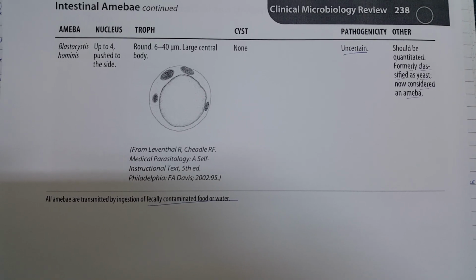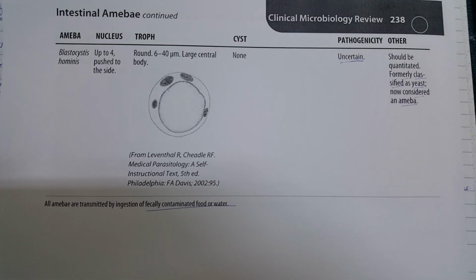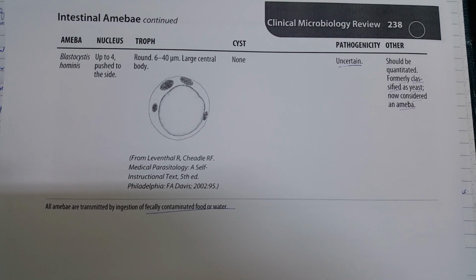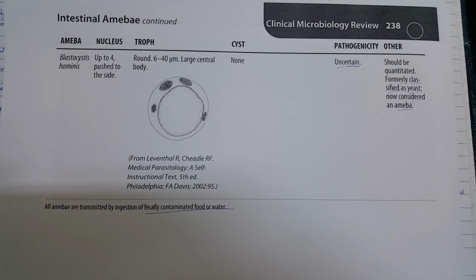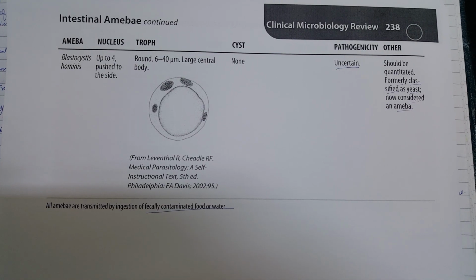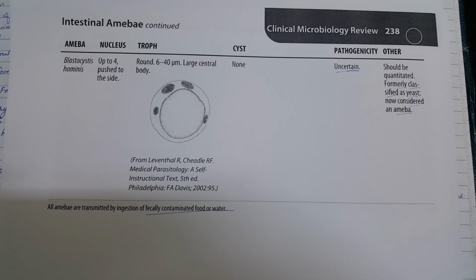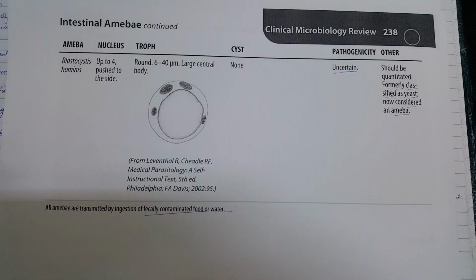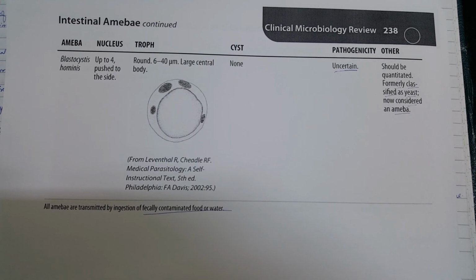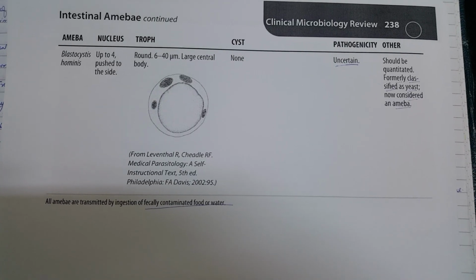Blastocystis hominis has up to 4 nuclei pushed to the sides, and is around 6 to 40 micrometers, with a large central body. It doesn't have a cyst form, it's opportunistic, and should be quantified. It was formerly classified as a yeast, and is now considered an amoeba.